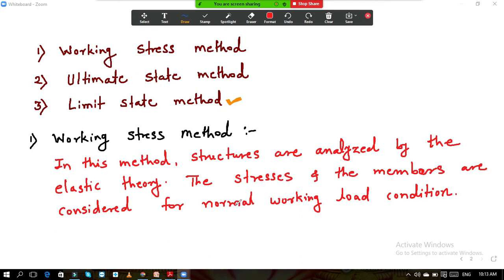So the stresses and the members considered here are for the normal working load conditions.